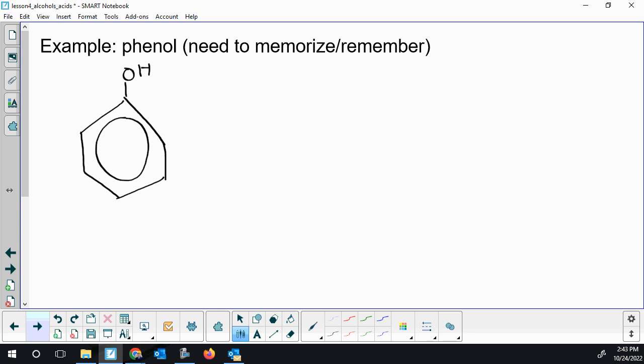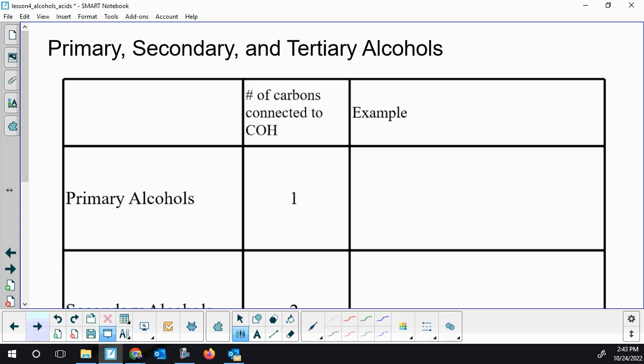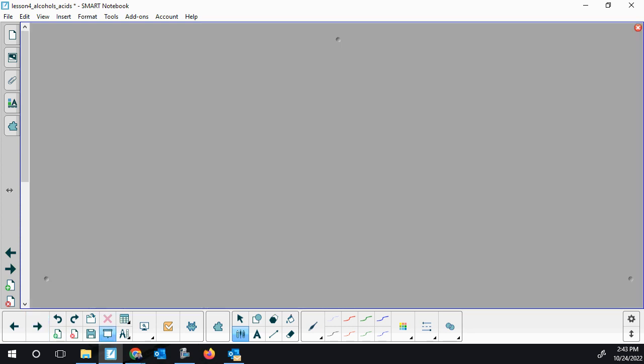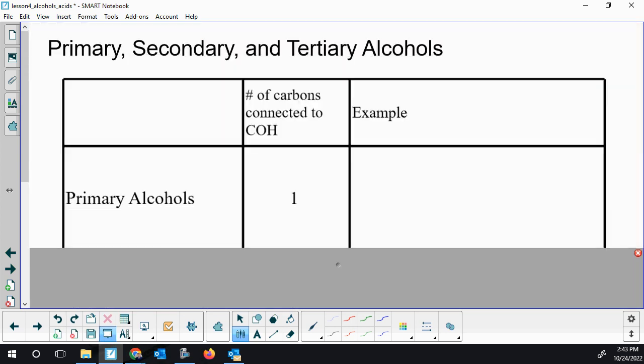One little last bit to do in alcohols, depending on where the hydroxyl is, it has a dramatic effect on the type of reaction. We're not going to use this, but if you take any university chemistry, you need to be able to identify primary, secondary, and tertiary alcohols and do something with it. We're just going to identify the type. So we're going to build a table with 4 total rows. I've got 2 hidden.